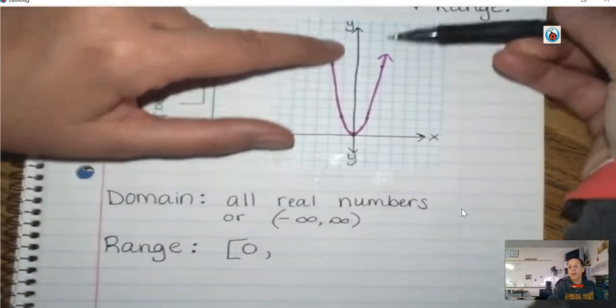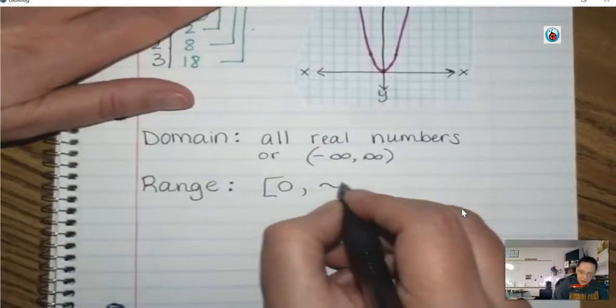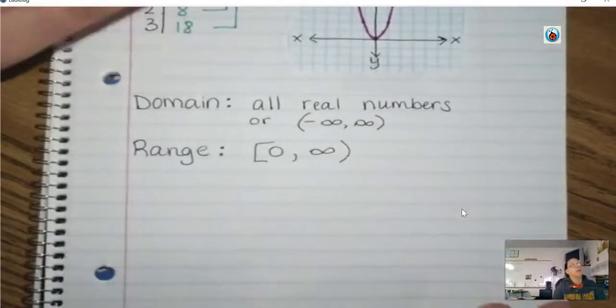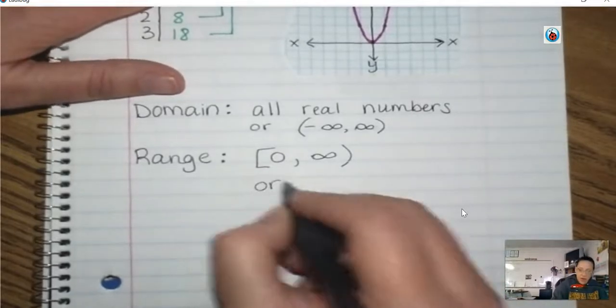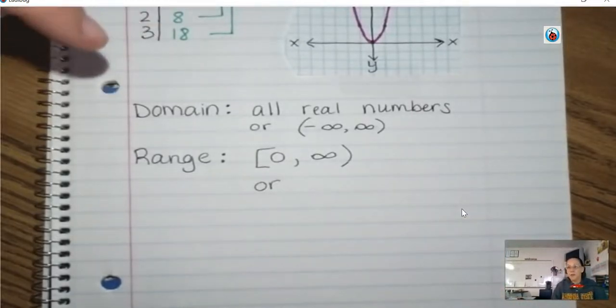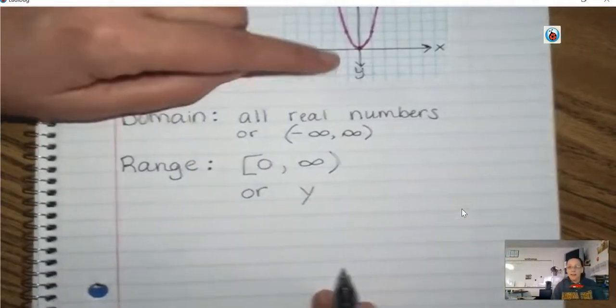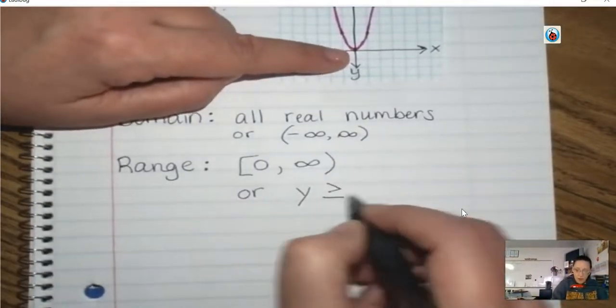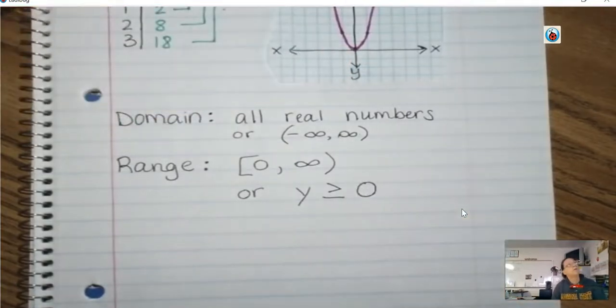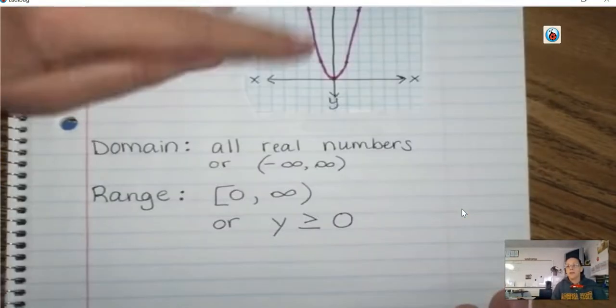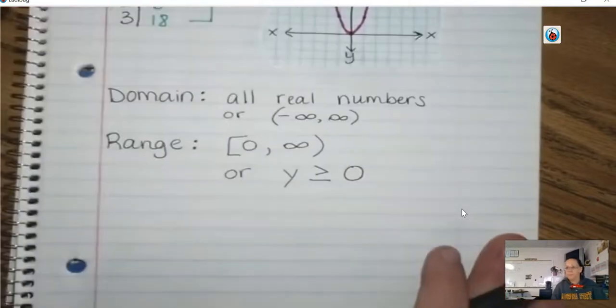There's always going to be a y value forever going up to infinity. And infinity always gets a parenthesis. Or the way I have a feeling the exit tickets are going to want it written is y can be anything that is greater than or equal to 0. Y is anything greater than or equal to 0.